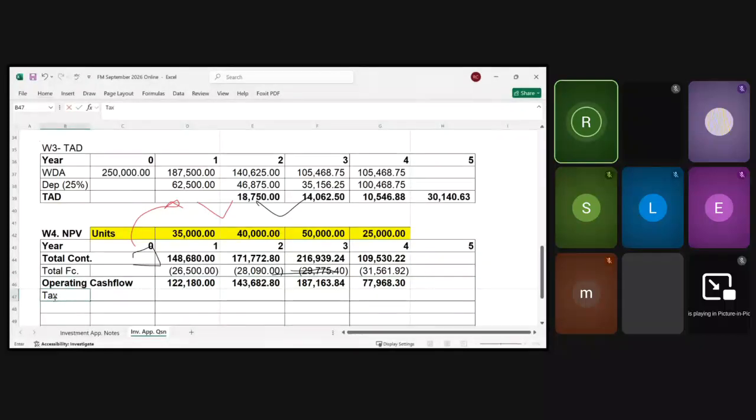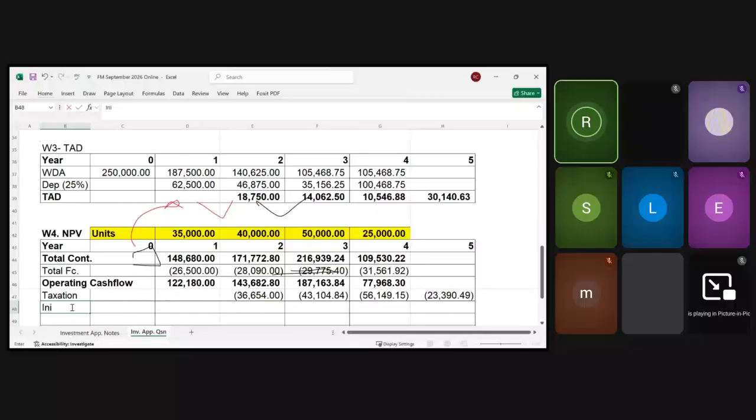And then this is where taxation is going to come into play. My taxes in arrears equals minus 30% times cash flow for year 1. This is how we tax in arrears, and then we go to year 5. Right, so the operating side is done.